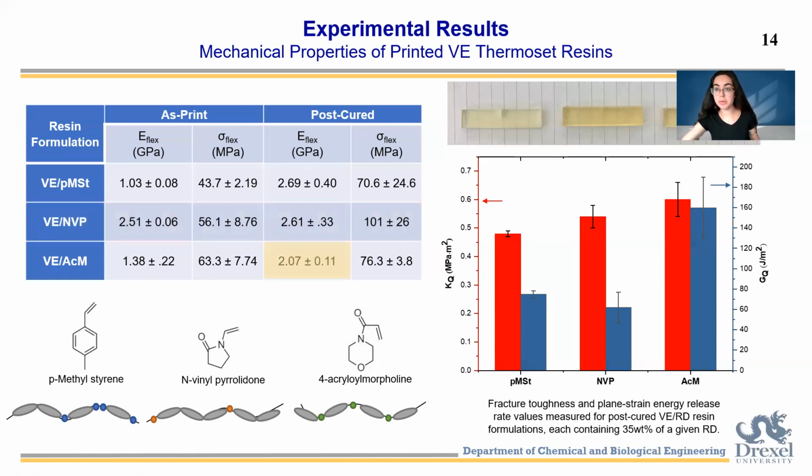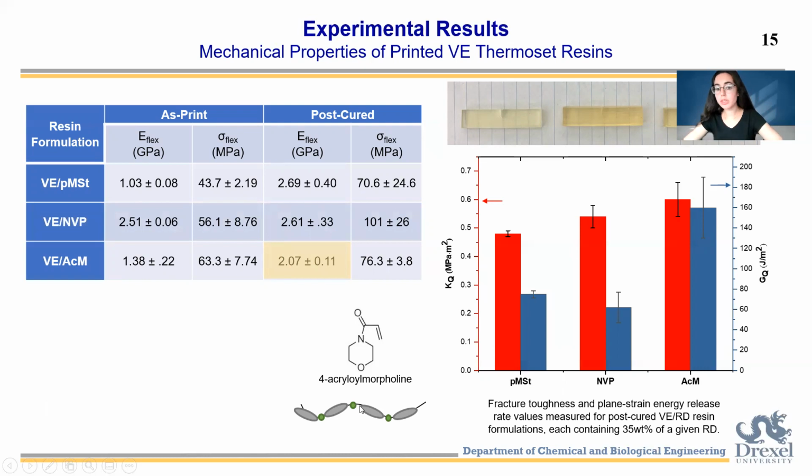Another point of interest is within the acrylomorphin system, you do have a relatively low flexural modulus compared to the other two. And why might that be occurring? Well, if we recall that acrylomorphin has an alternating copolymer network, it means that the vinyl ester monomers are pretty evenly spaced out.